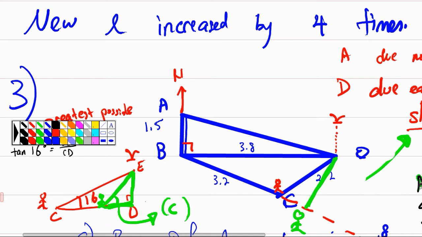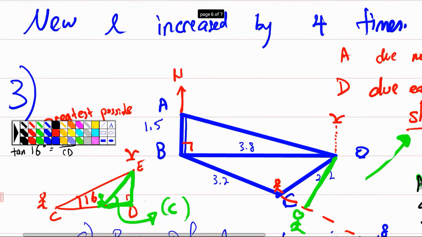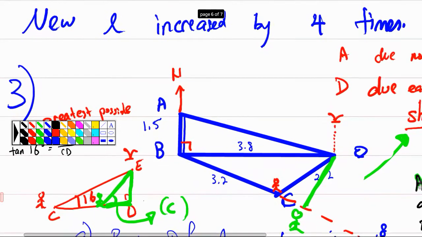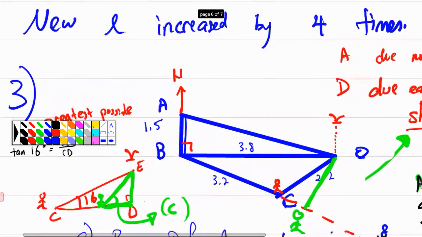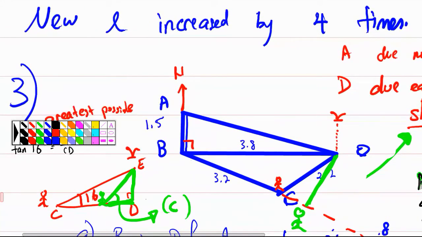But are you telling me that you don't understand what it means by the red man walk towards the green line? Do you understand that? Because BC extended means I draw a straight line. Is that clear? What formula to use is still the same formula. Now I use my red color. So is this still a triangle? And this triangle is a right angle triangle.